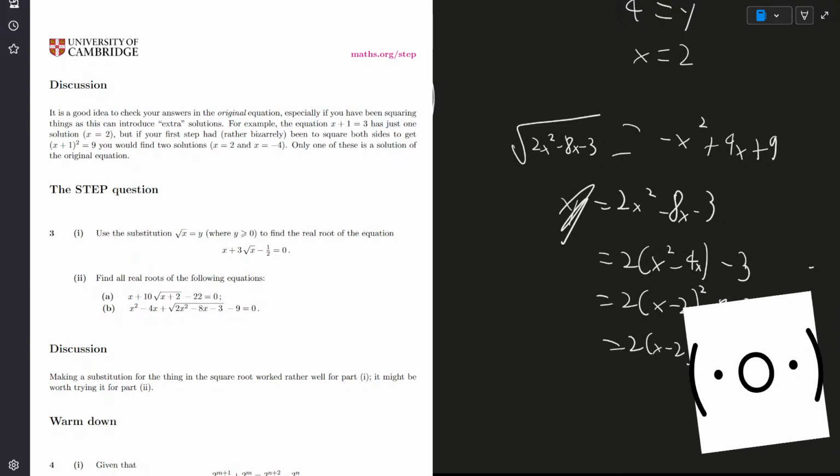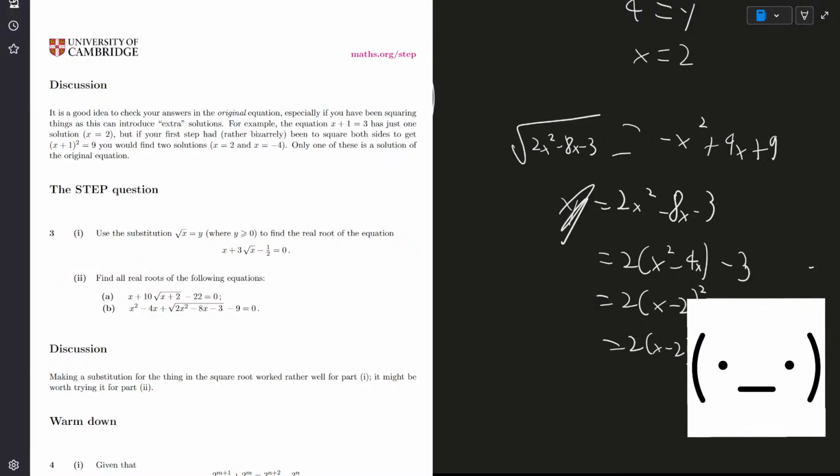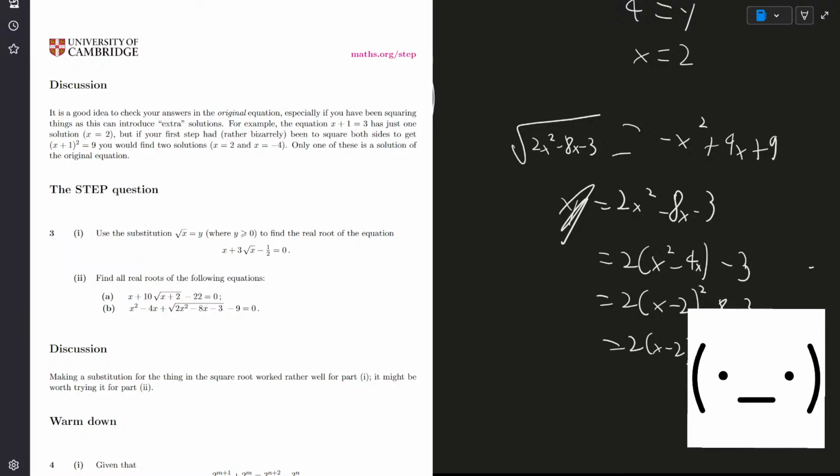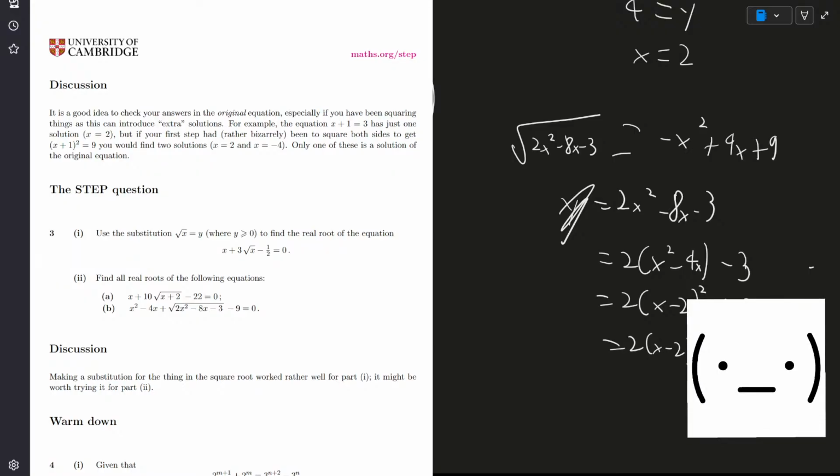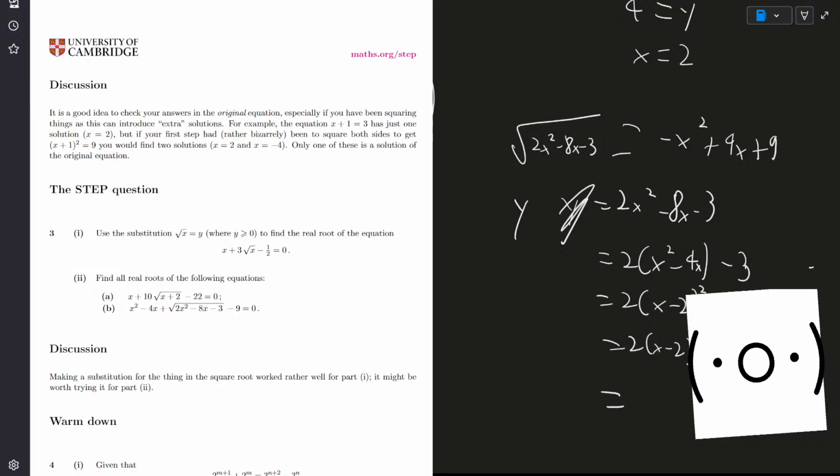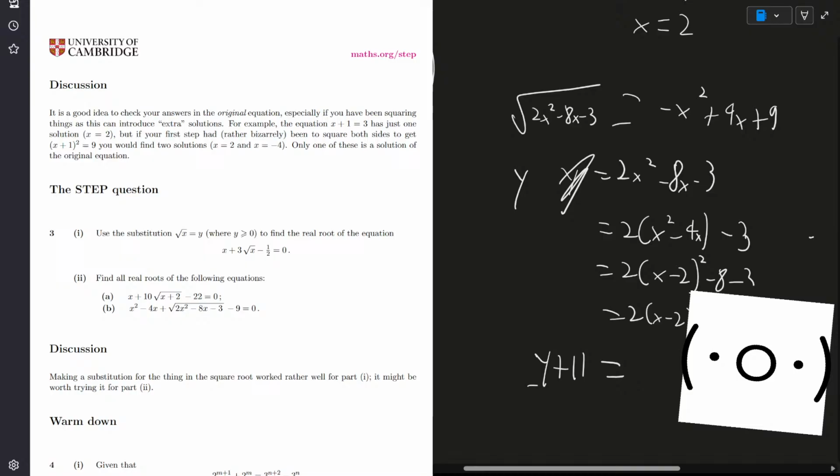How do you get rid of the negative 11? Maybe let's continue pursuing the y route. So now you've got y plus 11 divided by 2.